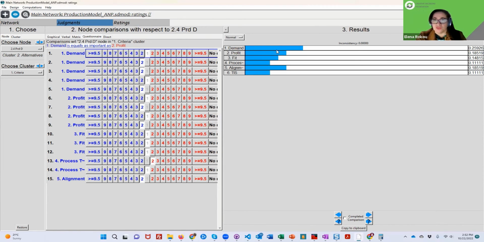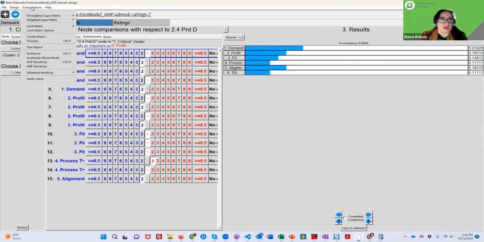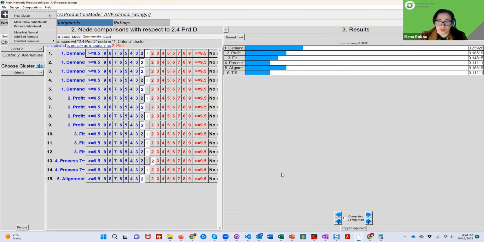However, the profit is good, the processing time is acceptable, and the timing system is acceptable. And that's why, if we go now to our PowerPoint, we will be able to compare the results and get a little bit more insight about the situation.